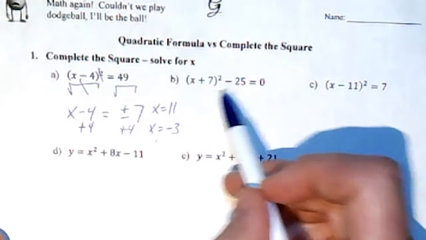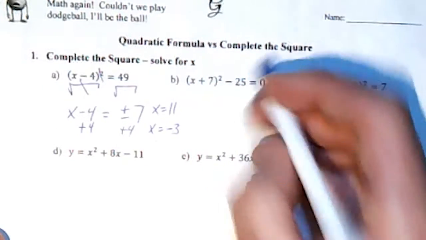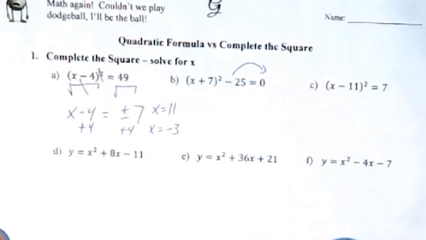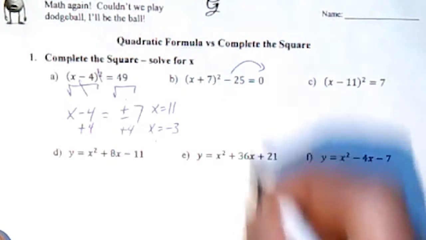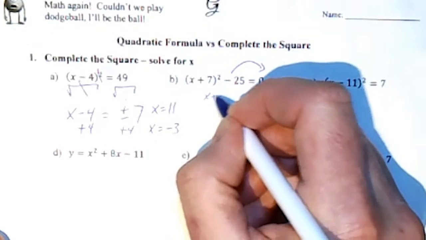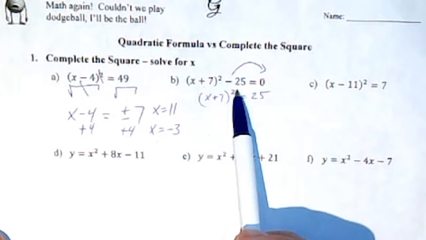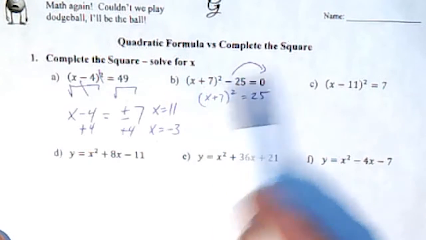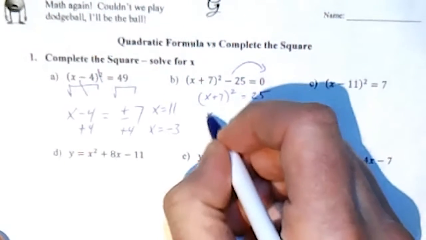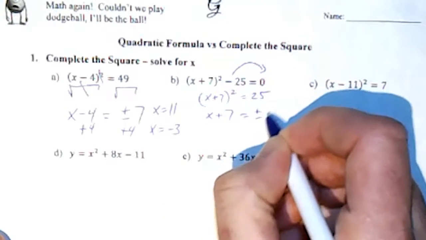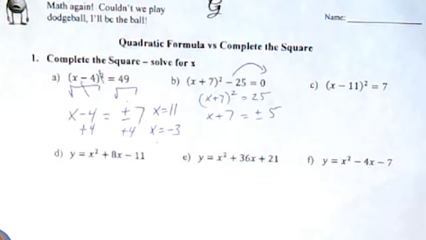So this one here, there's a number on the same side, so we have to move it over. Once we move it over, then we can square root. So again, we can't square root when there's something on the same side as the brackets. Square root both sides. And don't forget the plus or minus.